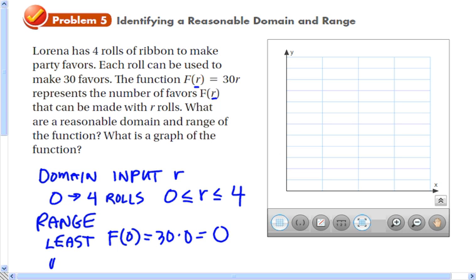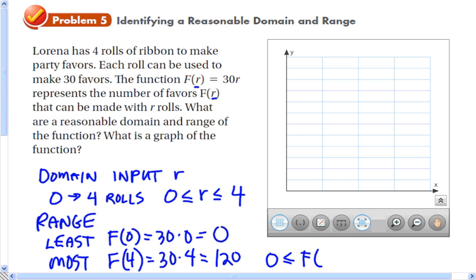The most we would use is 4. So we want to find f of 4, which is 30 times 4, which is 120. So we would say our range, the least is 0. And remember, that's our output, so the whole function, the most our function value could be is 120.